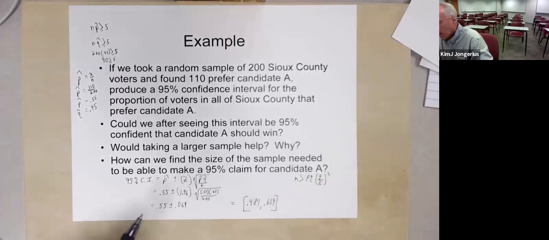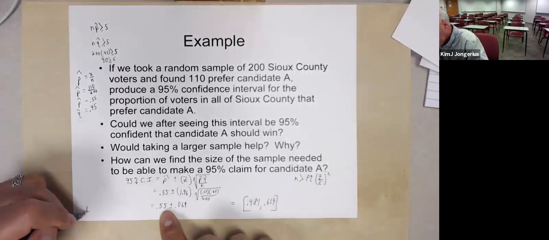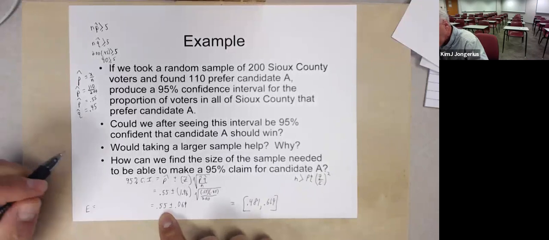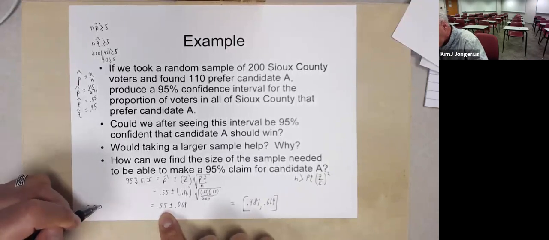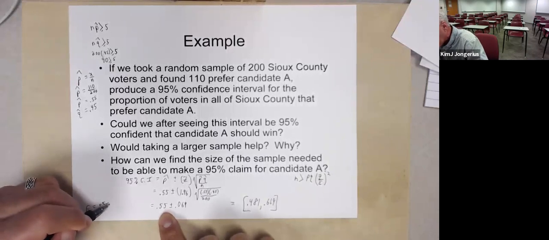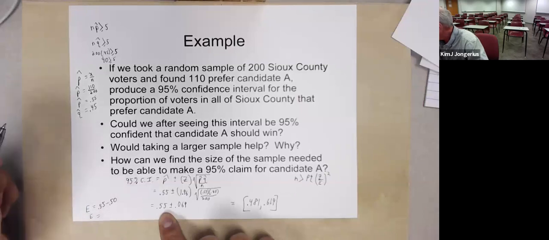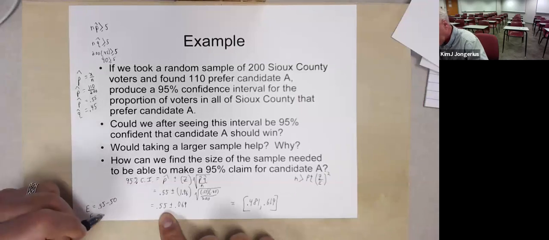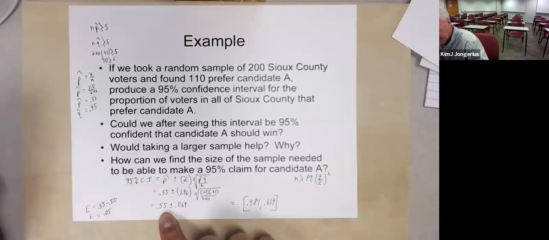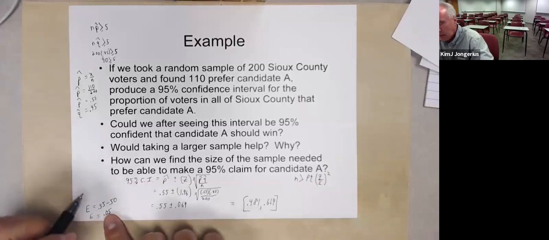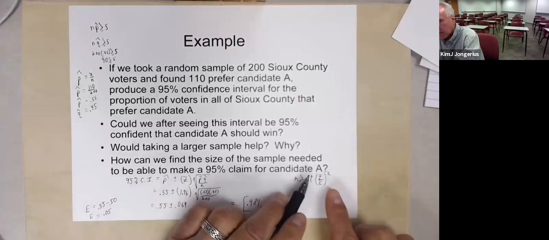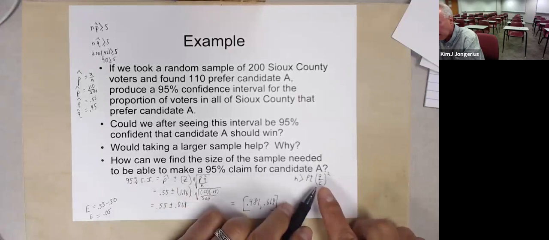So that allowable error that we want to be within is going to be that 0.55, trying to keep it above 50%, which is going to give me an allowable error of simply 0.05. That allowable error is going to come into that formula right here.